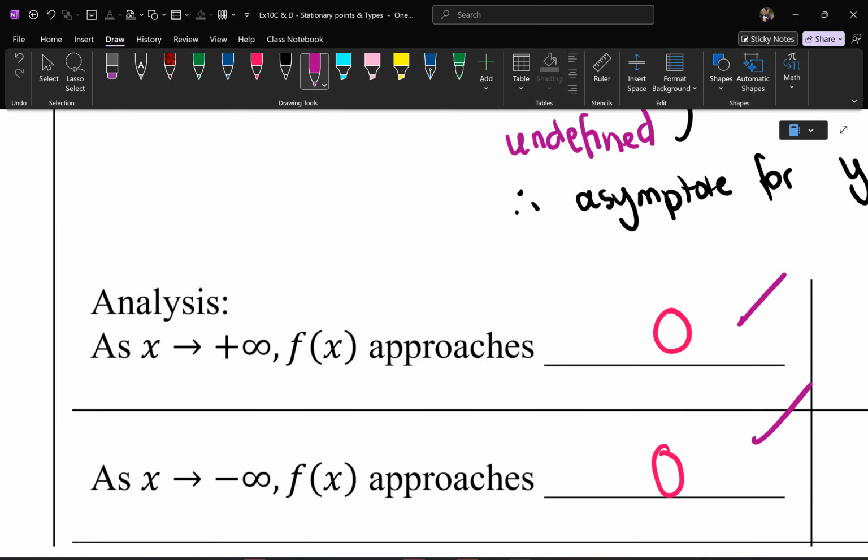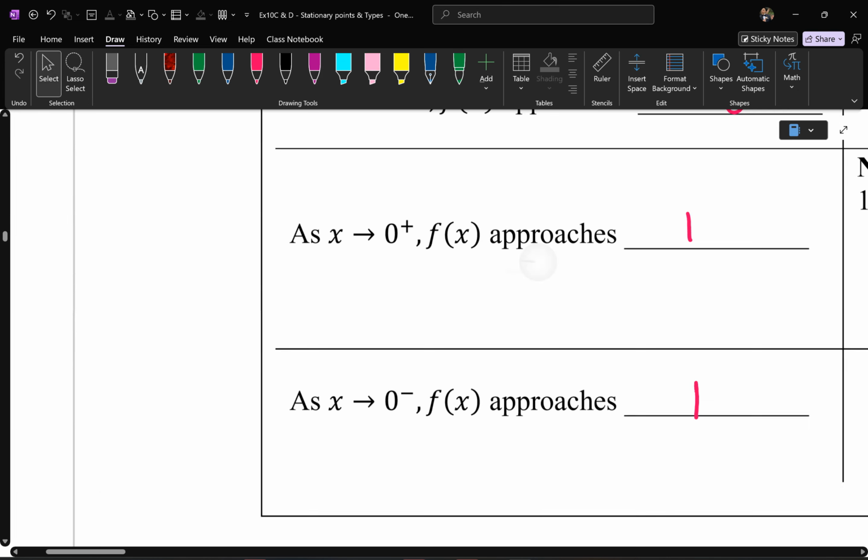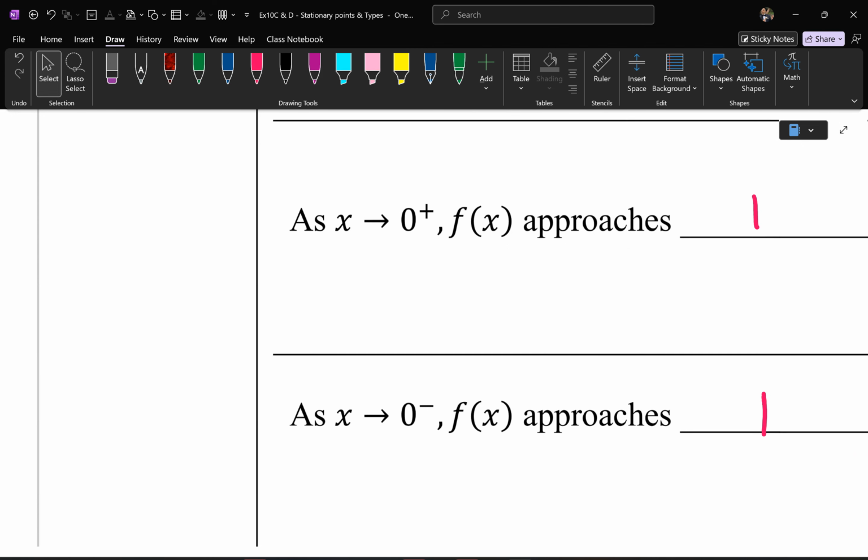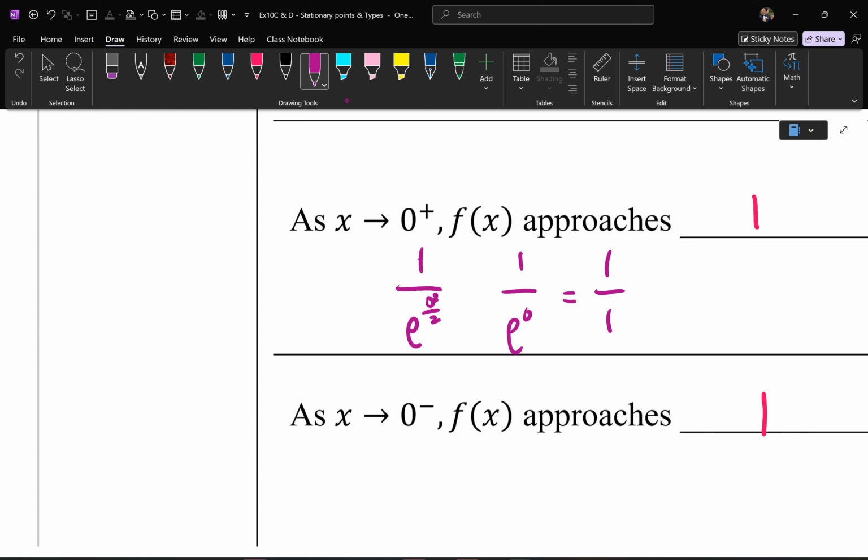Okay, good. Good analysis. The next bit you could probably still get if you just subbed in 0 on both sides as it approaches 0, because it's not undefined or anything. So you can technically do the limit of the function 1 on e to the power of 0 squared on 2, which approaches 1 on e to the 0, which is 1 on 1.